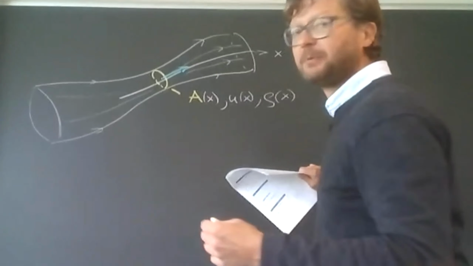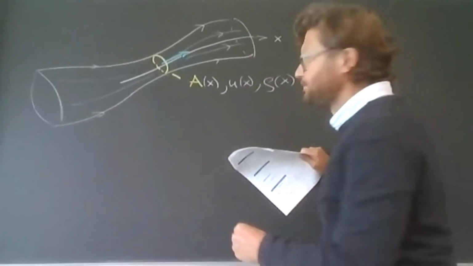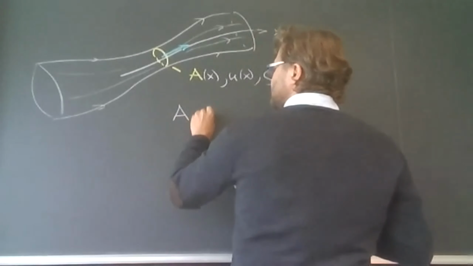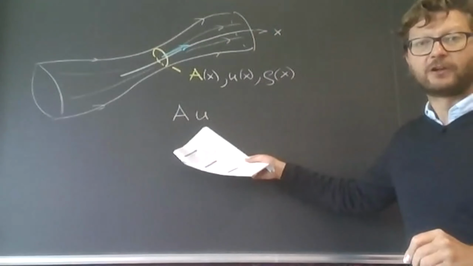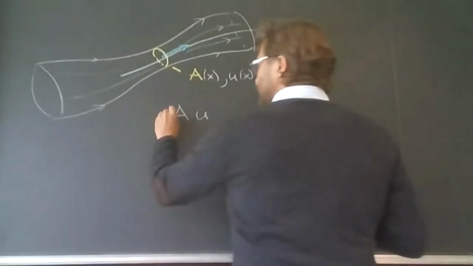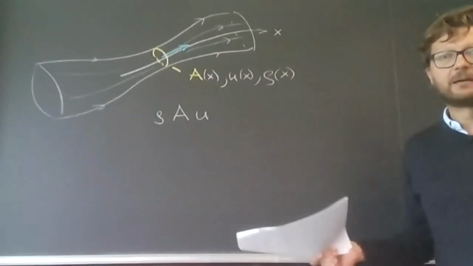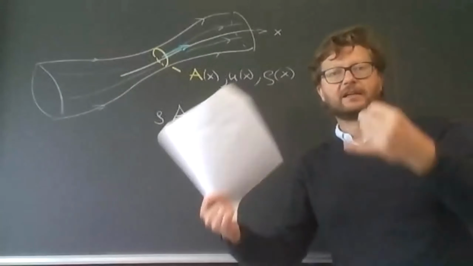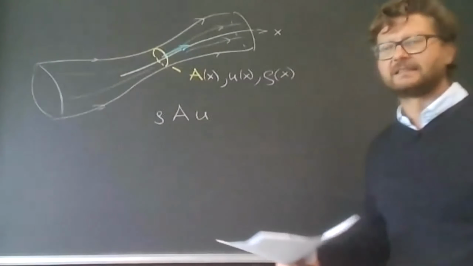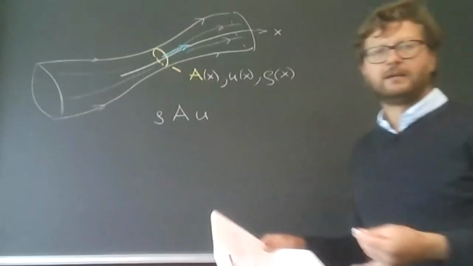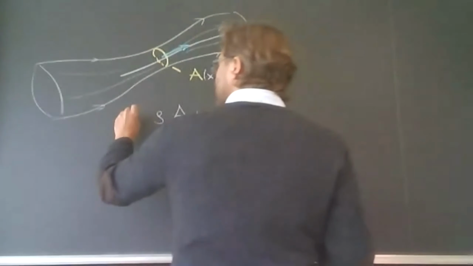And if we multiply the three, so A times u gives us the volume flow rate. And if we multiply this by rho, we get a mass flow rate. So how many kilograms of the gas are flowing through this cross-section A per time unit.